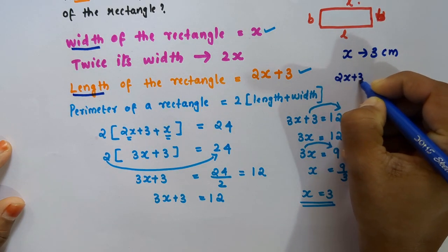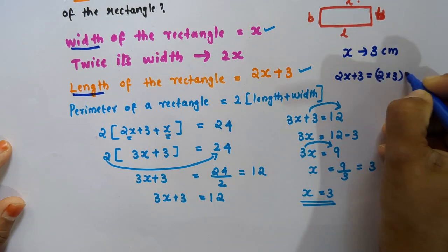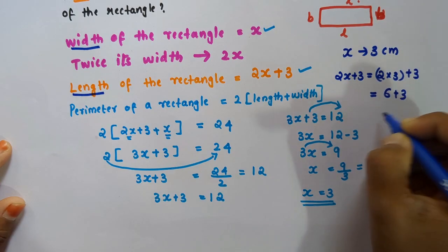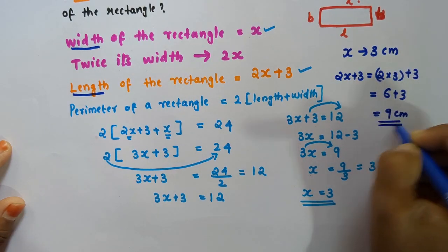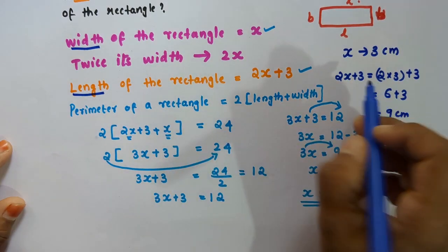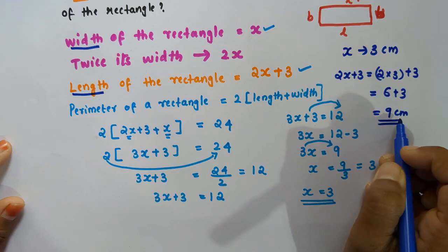So 2x plus 3, that is 2 into 3 plus 3. 2 into 3 is 6. So 6 plus 3, that is 9 centimeter. Hence, the dimensions of the rectangle are 3 centimeter and 9 centimeter.